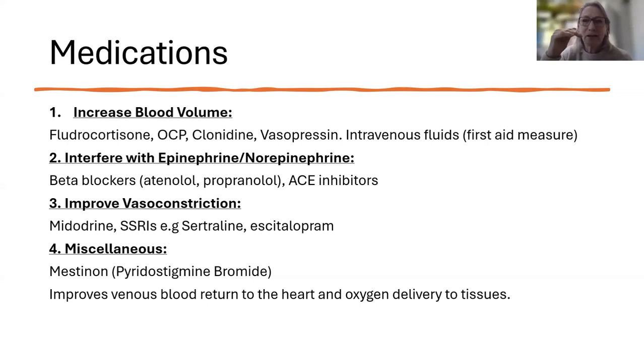And they've found that this, used off-label, can be very, very effective in treating orthostatic intolerance. It improves the venous blood return to the heart and oxygen delivery to the tissues. So that again can be a really effective treatment.